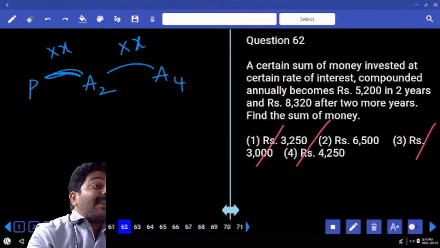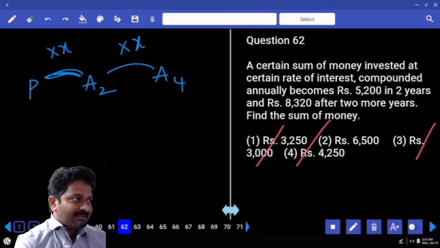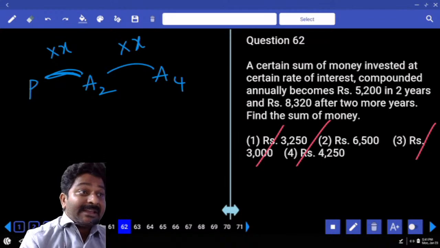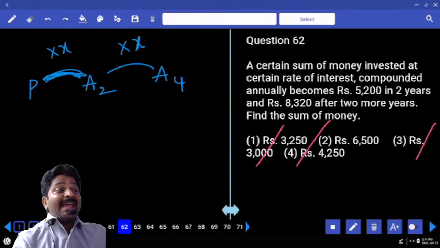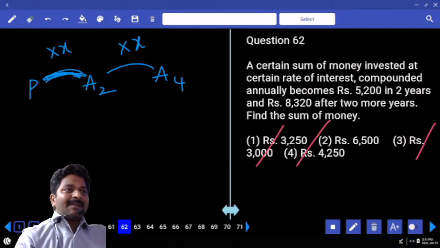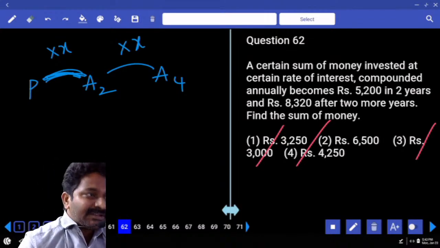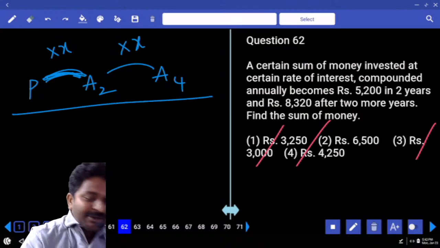Because the time period is the same, you don't need to calculate how much the rate of interest is. Because the time period is the same for these two gaps, whatever relation there is between the principal and the amount after 2 years, the same relation applies for the amount after 2 years and the amount after 4 years. Is that okay? Right. So now we need to calculate the principal.